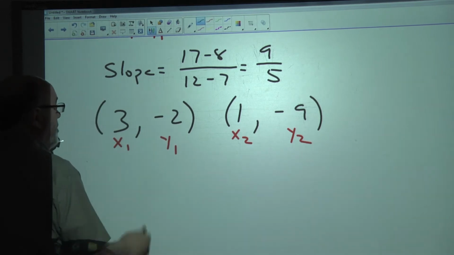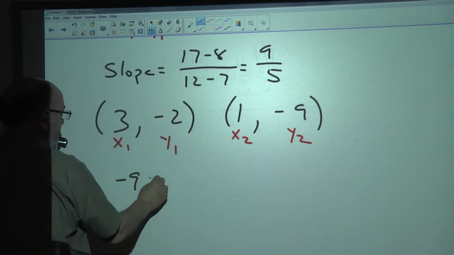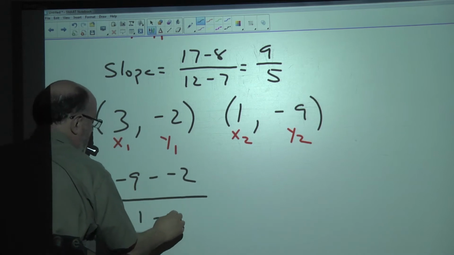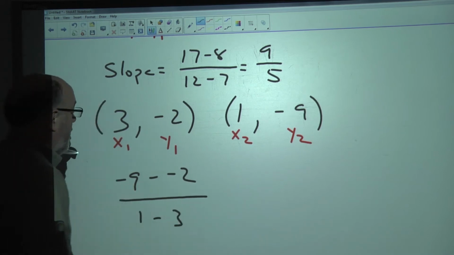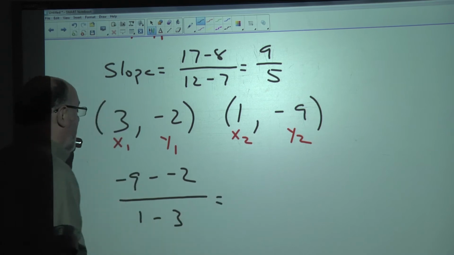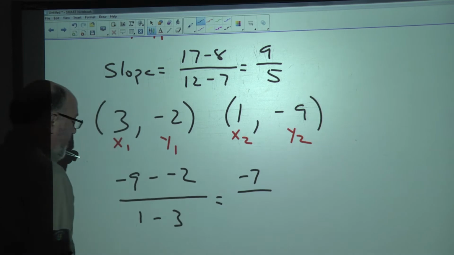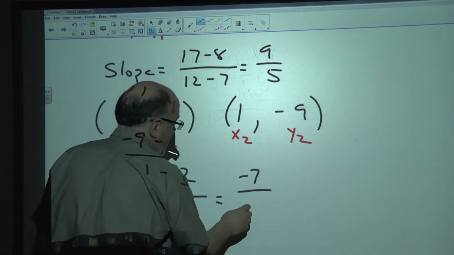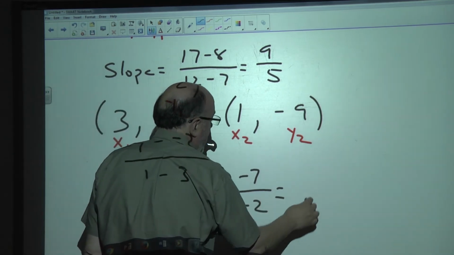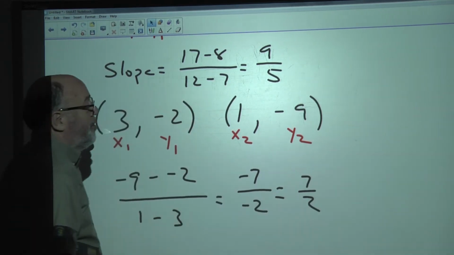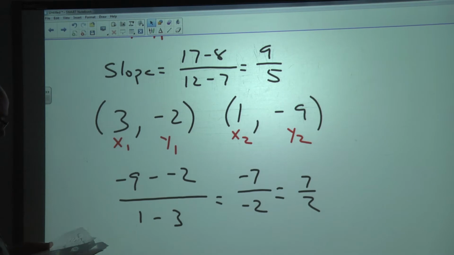Now our slope is going to be -9 minus the -2 over 1 minus 3. So -9 minus a -2 gives us -7, and 1 minus 3 is -2. A negative divided by a negative gives you a positive, and so we get 7/2 for our slope.